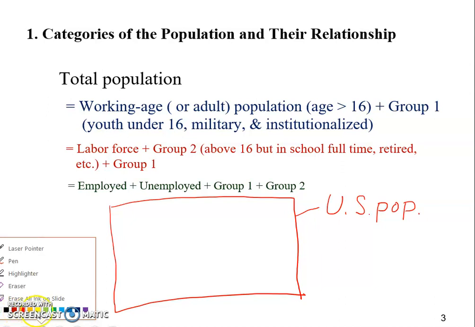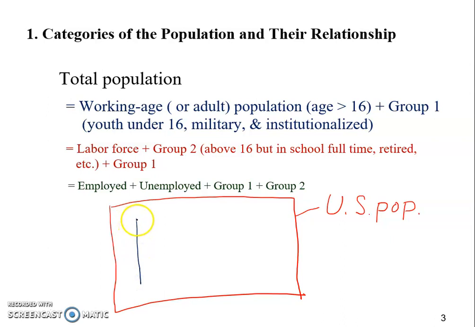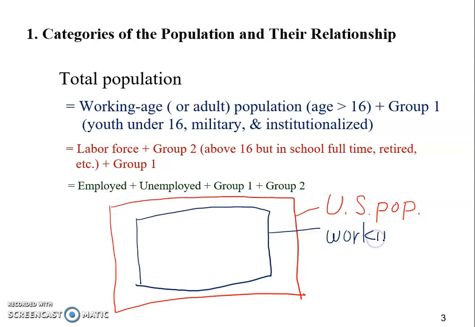Within this big box there's a blue box inside of the bigger one, and this would be our working age population.